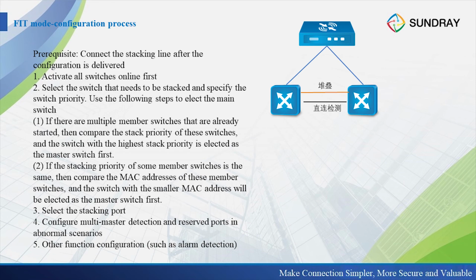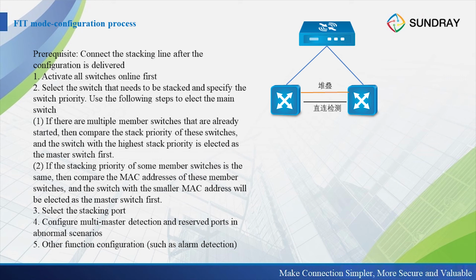For the configuration in phase switch mode, first we need to activate all the switches online, and second, select the switches that need to be stacked and specify the switch priority. Usually we use the following steps to elect the main switch.